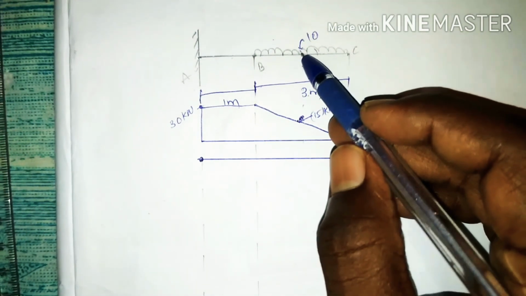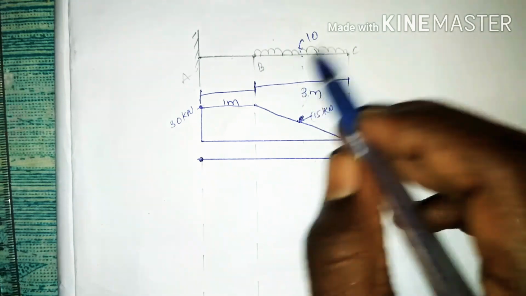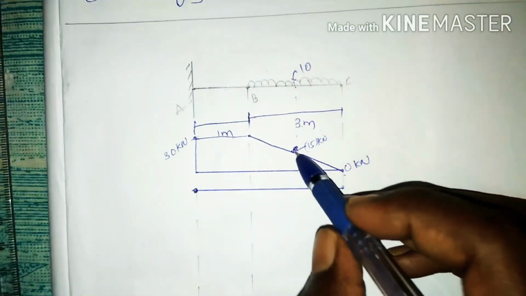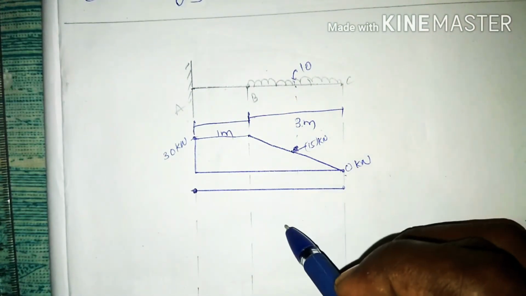If we take the shear force at the midspan of the UDL, we find the same value, 15.